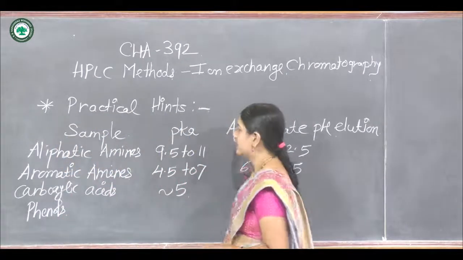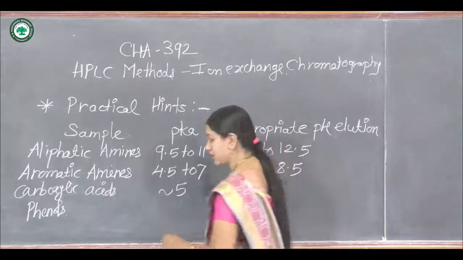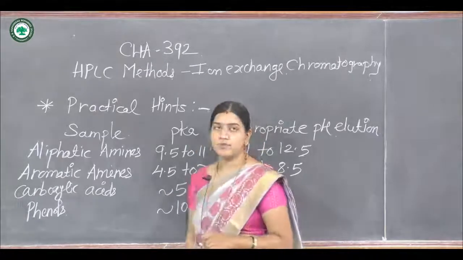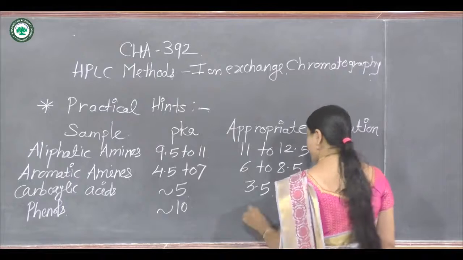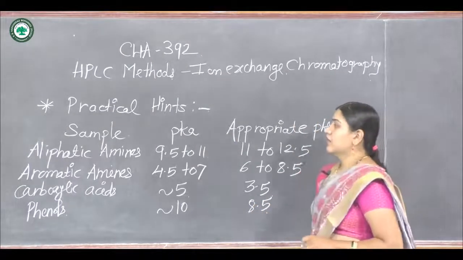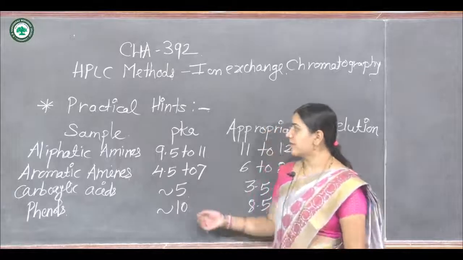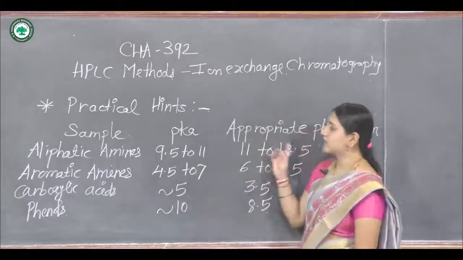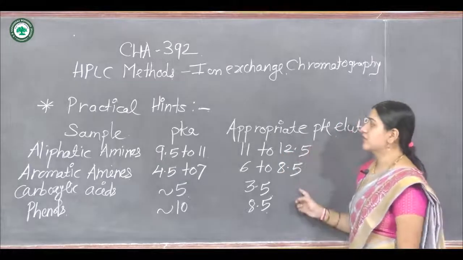For phenols, the pKa is in the range of 10, and the appropriate pH for the elution is 8.5. So this is about the different types of samples, their pKa values and the respective pH with respect to the pKa value.